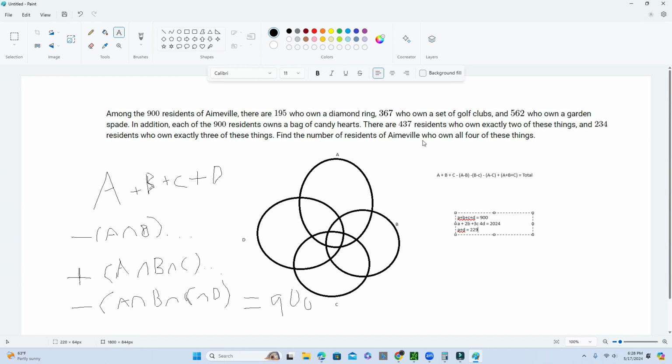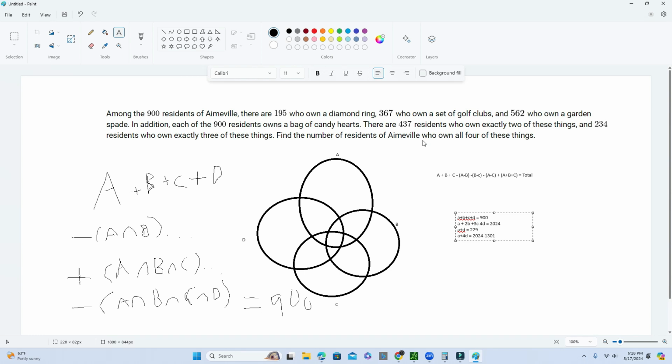So essentially, A plus 4D is going to be equal to 2024 minus 3 times 437.